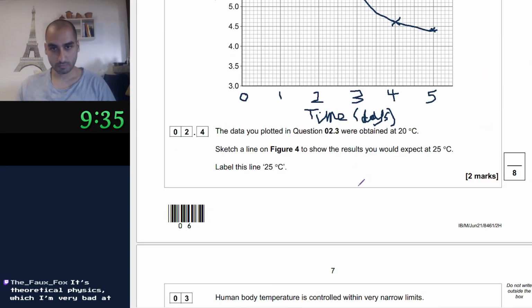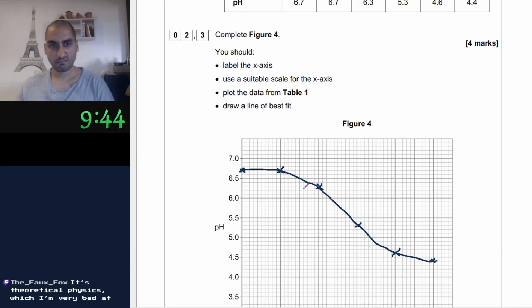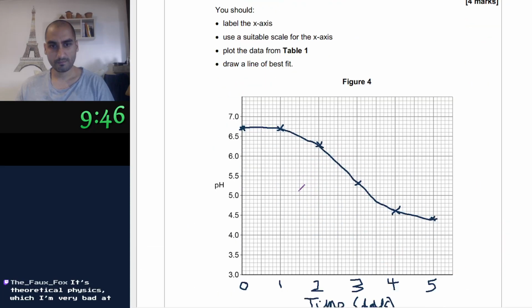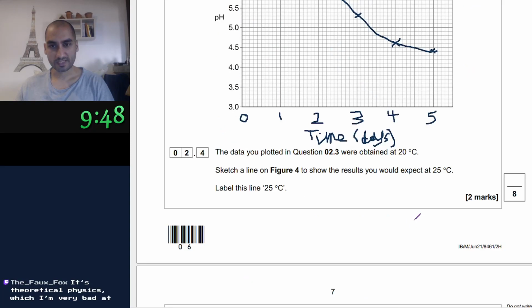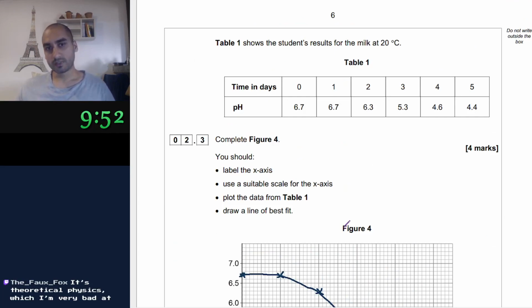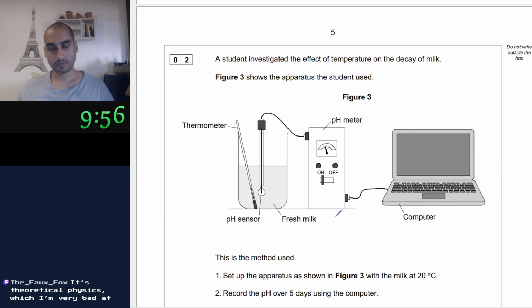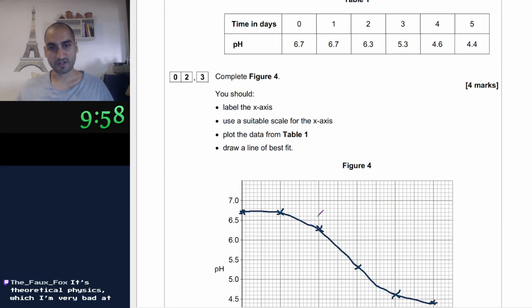Data you plotted obtained at 20. Sketch a line on figure 4 to show the results you would expect at 25. At 25, what would we expect? If it's warmer, then bacteria would replicate faster, right?